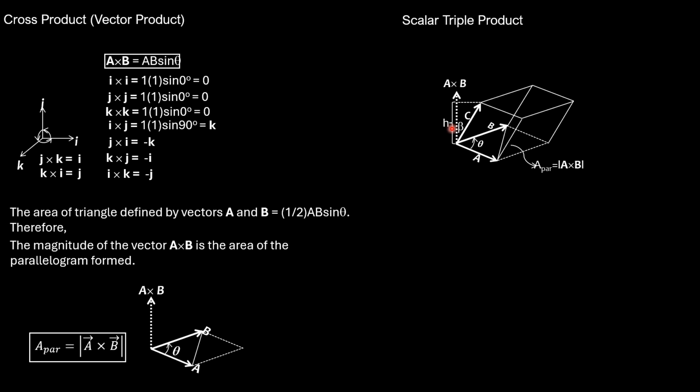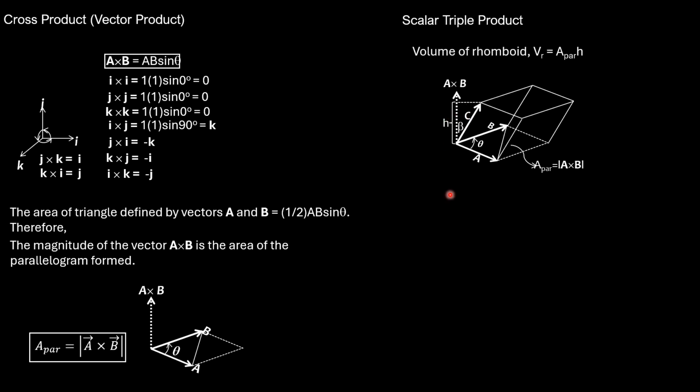Remember that the volume of a rhomboid is simply the area of the base times the altitude H. The area is the area of this parallelogram and the altitude is H, which can be computed as the scalar component of vector C in that direction, which is C cosine of beta, because that's 90 degrees.